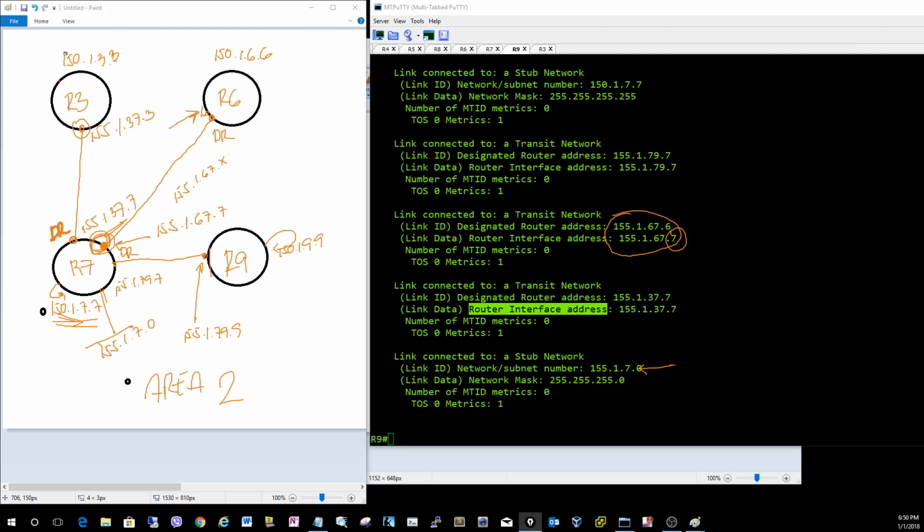I believe we've already built the OSPF topology for area 2 without actually jumping on to the rest of the network. The way we did this is we just logged in to router 9.